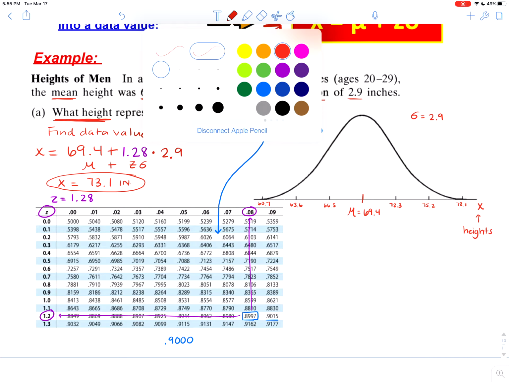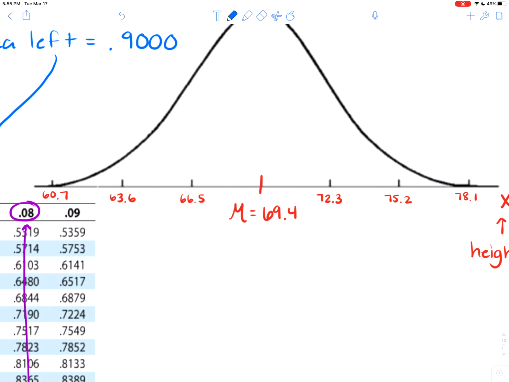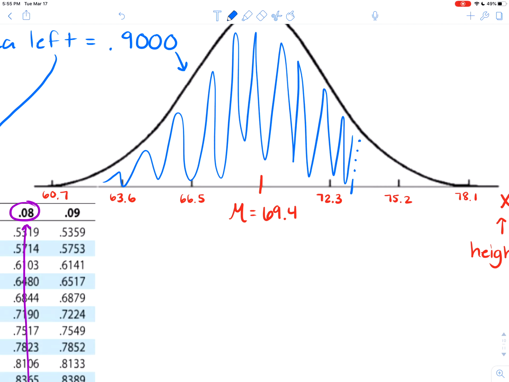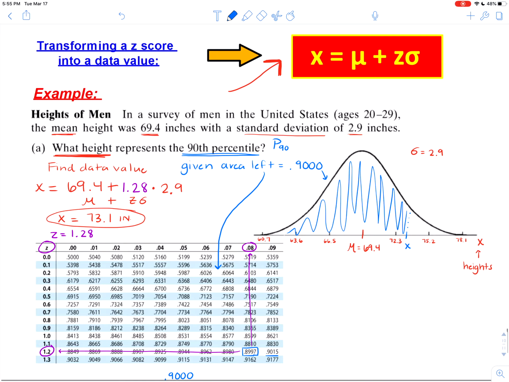Essentially, I'm asked to find a height, a value of x, where 90% of the area is to the left of this value. I did that by finding the z-score first and then converted that z-score back to a height, a data value, which was my value of x.